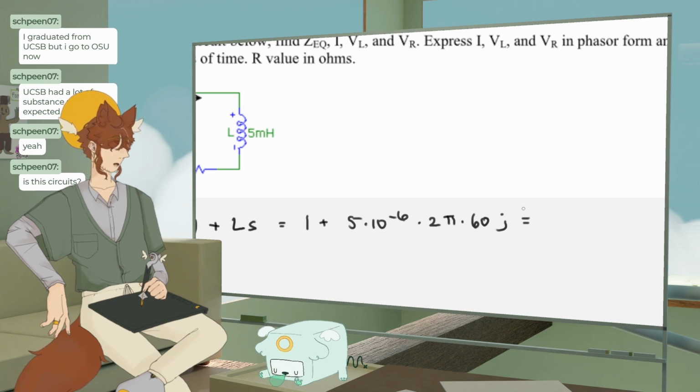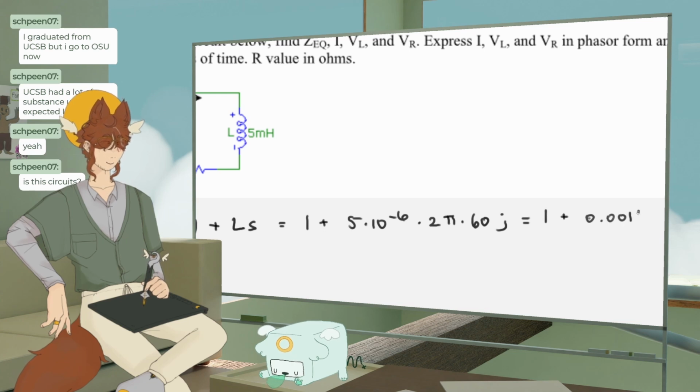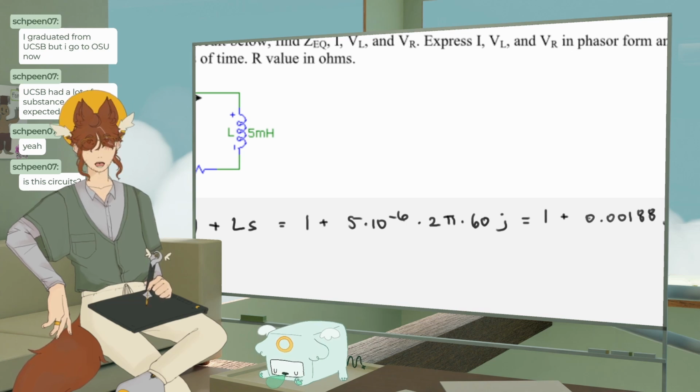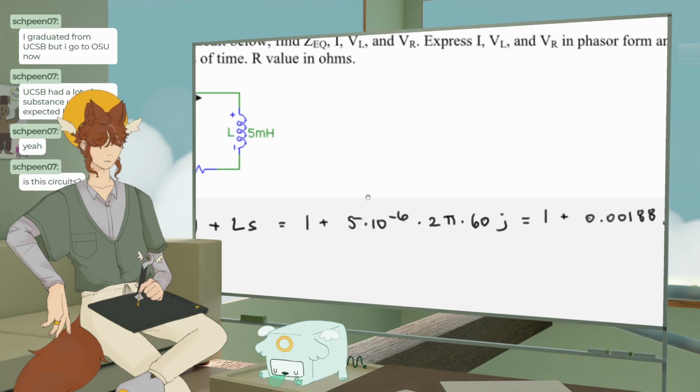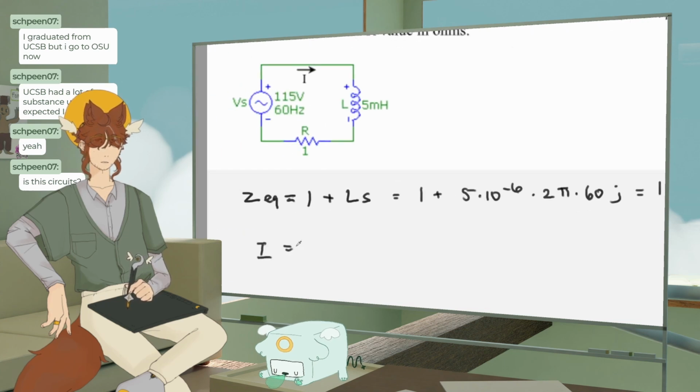I'm gonna assume it's not j. I think it's just 1, because it doesn't have a j on it. I feel like they would have said if there was a j supposed to be on it. Maybe they wouldn't have. I could be lying. Who knows? Alright, so maybe that's C. And then I'm literally just looking at this and it equals V over ZEQ.